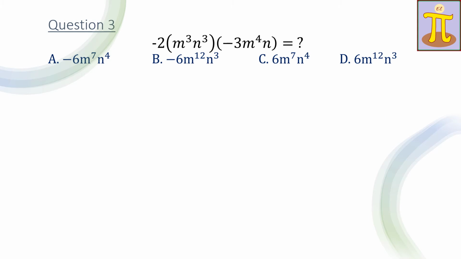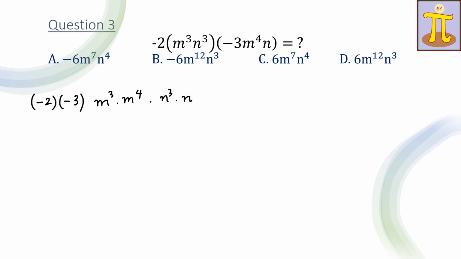So we have a number multiplied with a number. Right here we have negative 2, and we want to multiply with negative 3. Then we multiply m cubed by m to the power of 4, and n cubed by n.